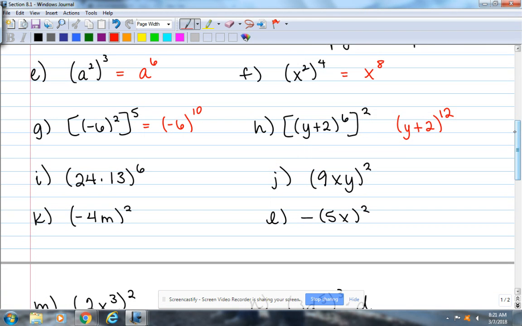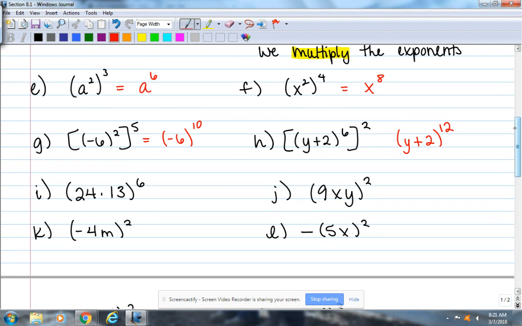And then they start throwing everything together at us. Mixing power of powers with multiplying and all this stuff. Okay, if you have more than one thing in the parentheses with an exponent on the outside, everything on the inside gets that exponent. Okay?